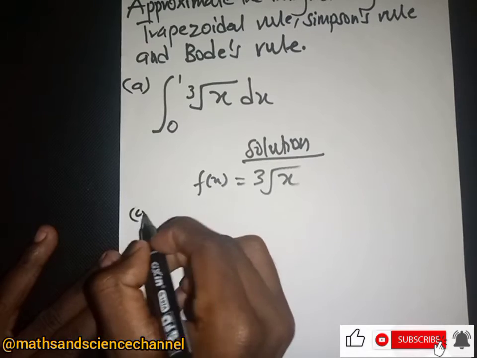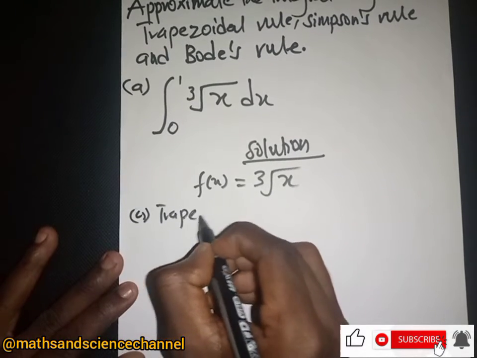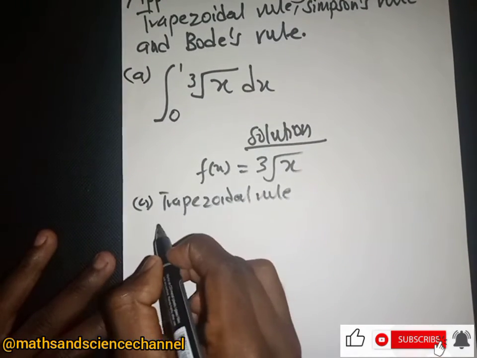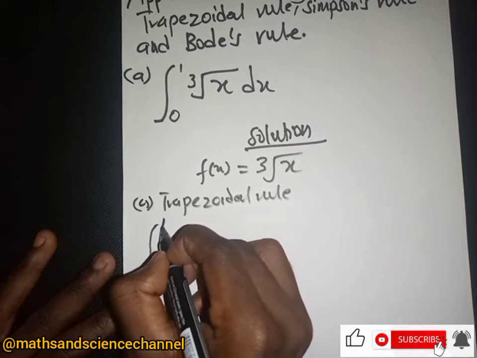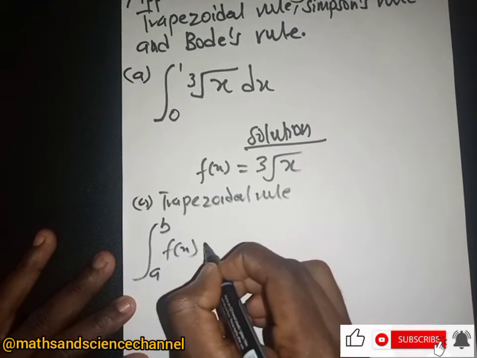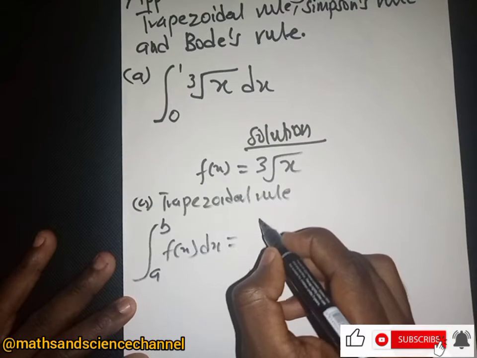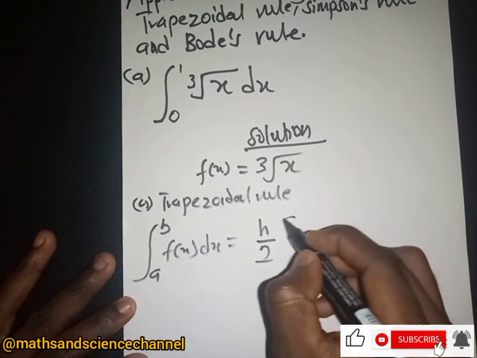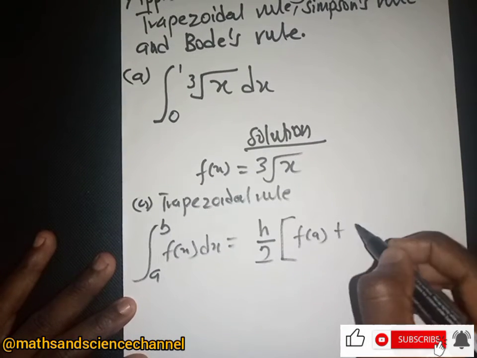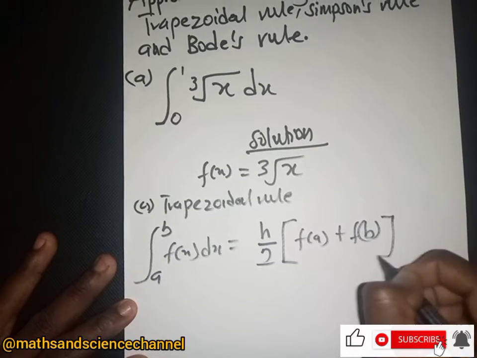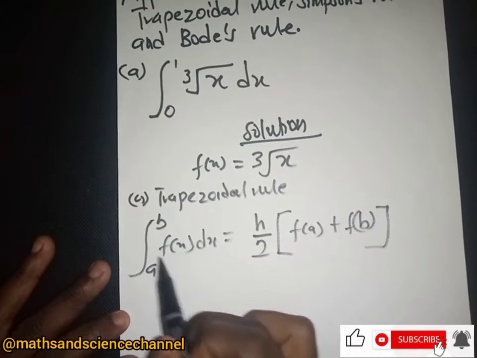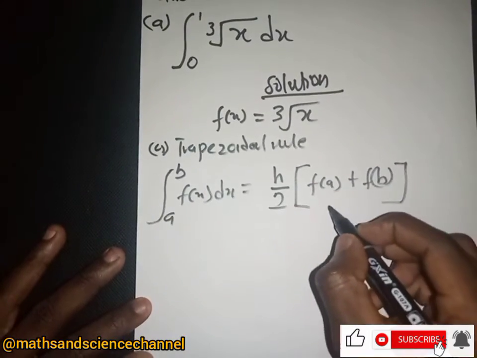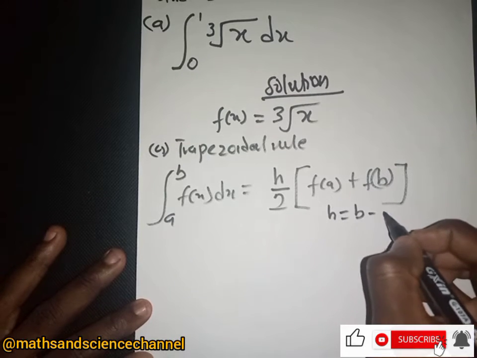Now for the trapezoidal rule, we have the integral from a to b of f of x dx given by h, which is the step size, divided by 2, then f of a plus f of b. Realize that in this case f of x is just the cube root of x. That is the trapezoidal rule, where h, the step size, is given by b minus a.